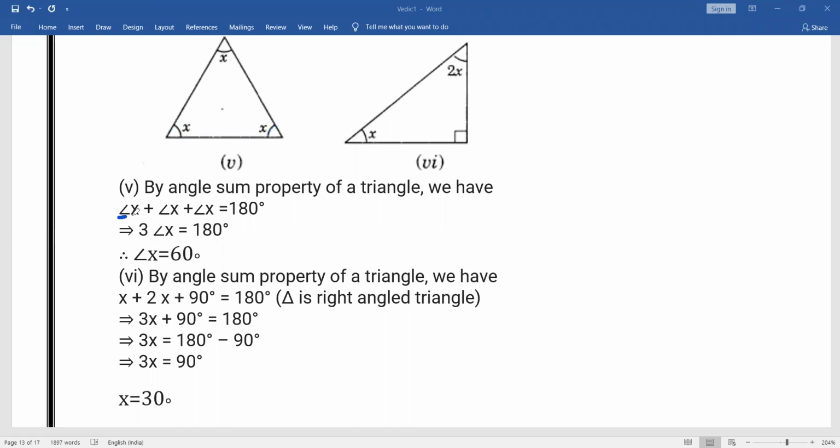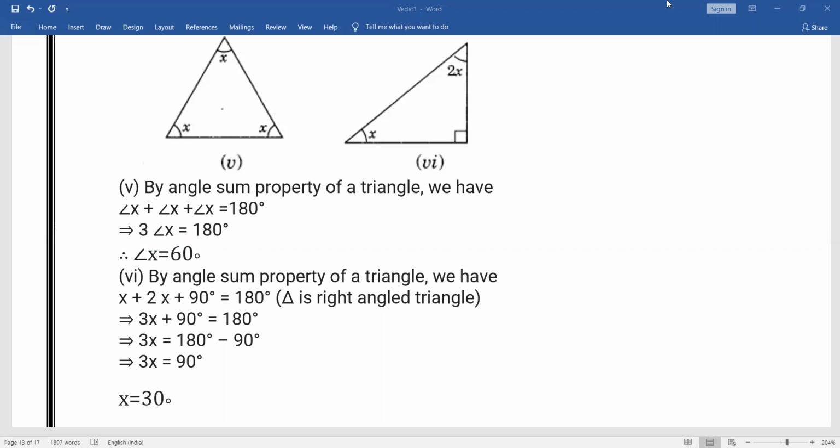So when we are adding these three angles, the result is 180. Now, when you are adding x, then x, then x, it means it is 3x.